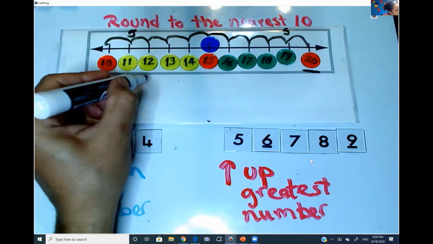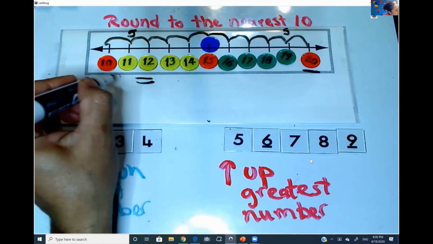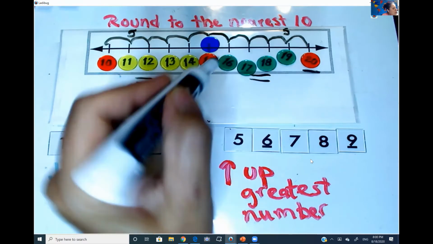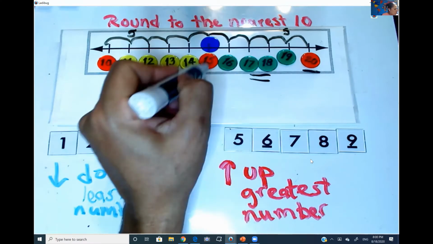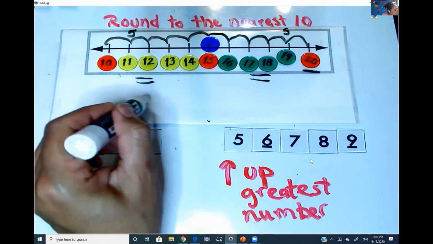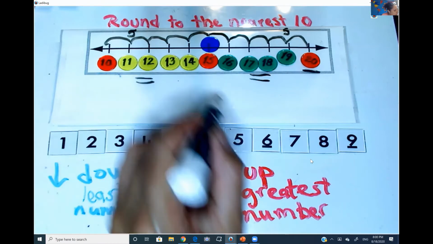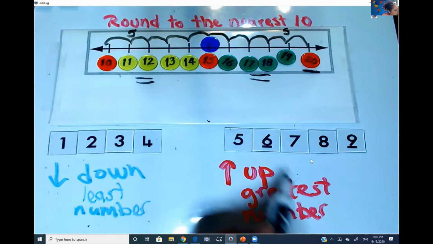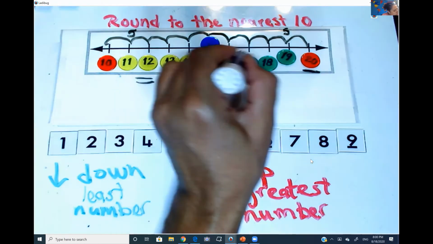So I can notice that the distance is equal from 10 to 15, and from 15 to 20. So when we're right in the middle, we're always going to round to the greatest number, because 5 is on the side that says we have to go up to the greatest number. So number 15 is going to become 20.